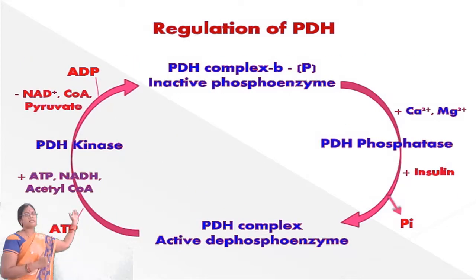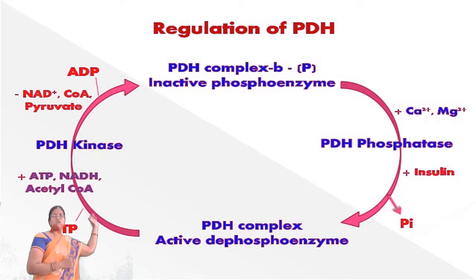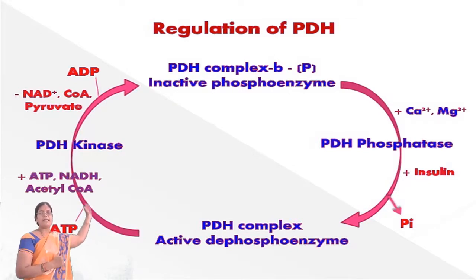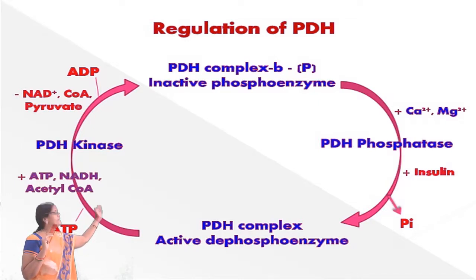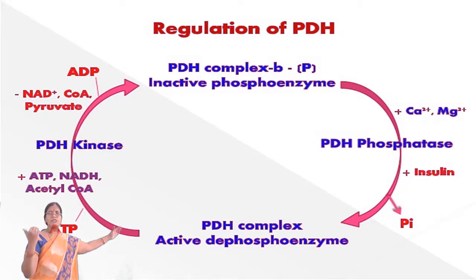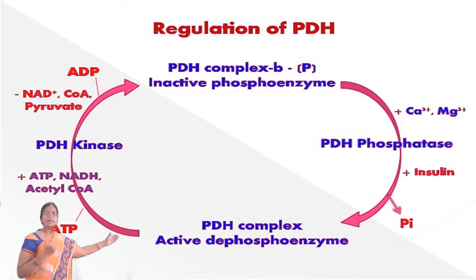So this slide represents the process of regulation of PDH. So PDH complex B, which is the phosphorylated form. I said that phosphorylated form is the inactive form. So this PDH phosphorylated form is represented as B. In presence of PDH phosphatase enzyme and insulin, the phosphate group will be removed.